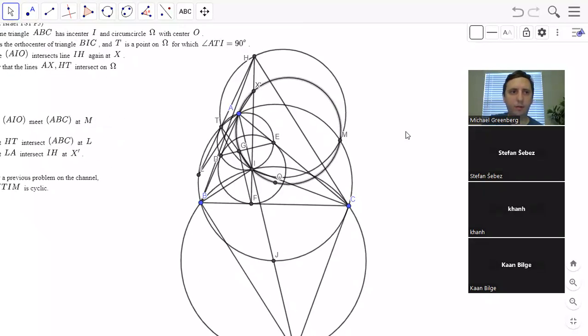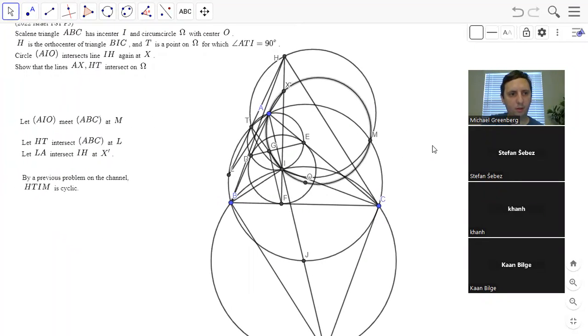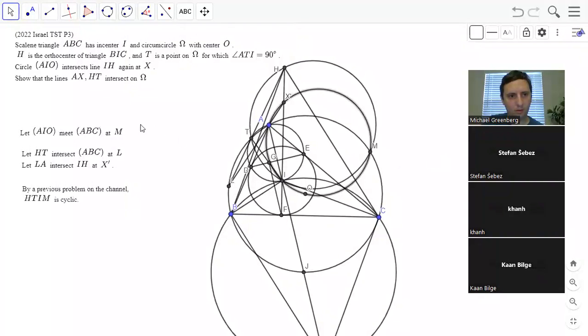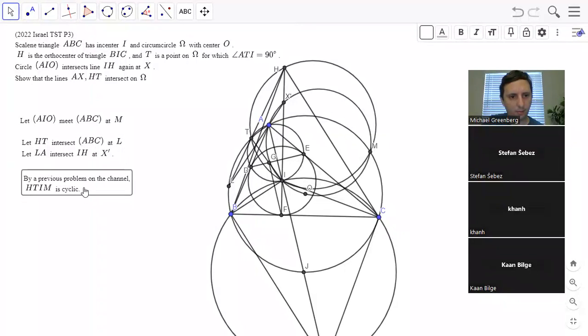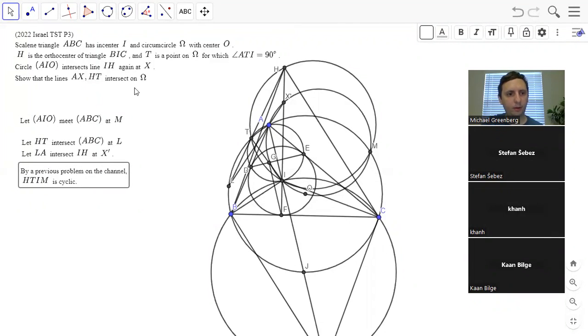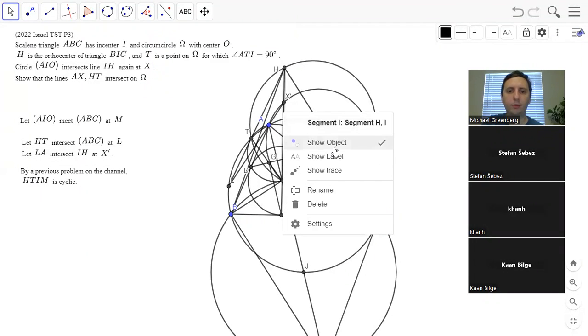Okay, sorry, let me think about this. So that was X. We're letting LA intersect it at X prime. We want to show X prime lies on IH, right?